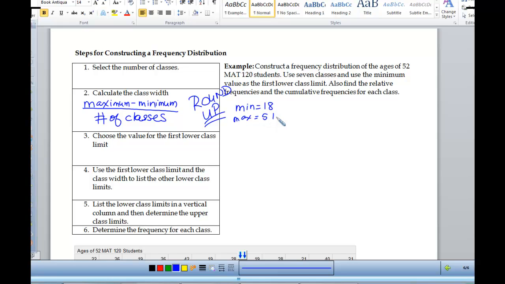So my class width is going to be 51 minus 18 divided by 7.